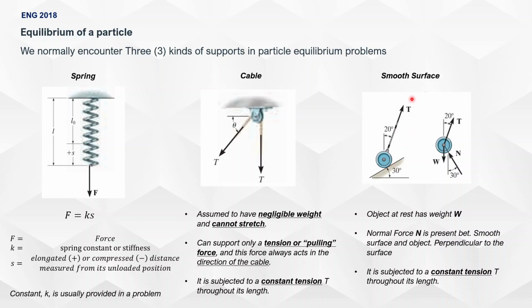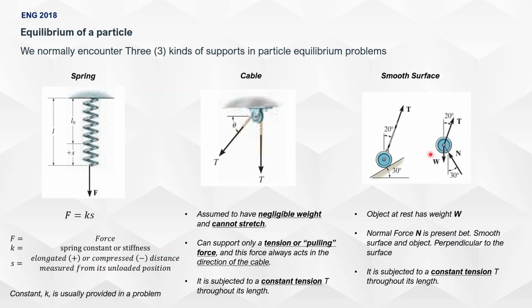So the force or the tension T is projected at an angle of 20 degrees from its y-axis. The object is elevated at 30 degrees here, and the right side here is the free body diagram of that object.